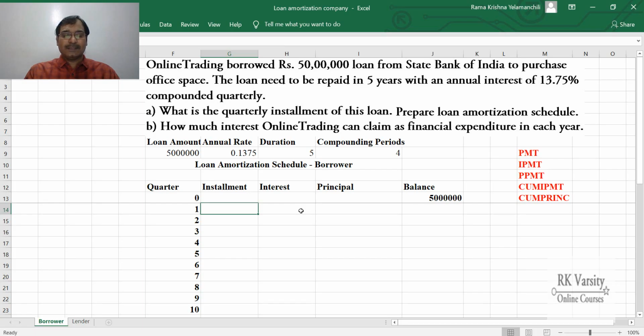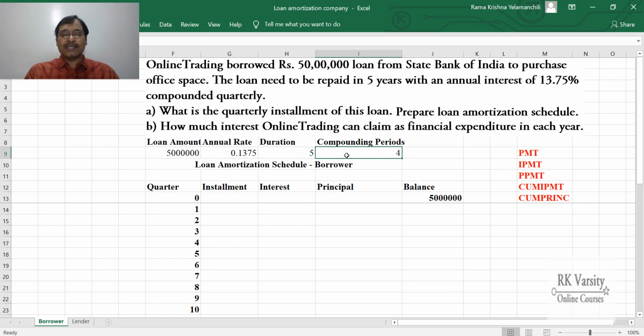Here is an example. For the sake of convenience, I already tabulated some information here so that we don't need to do it repeatedly. In short, Online Trading company borrowed a loan of 50 lakhs at an annual rate of 13.75%, the duration is 5 years and the compounding periods are 4.